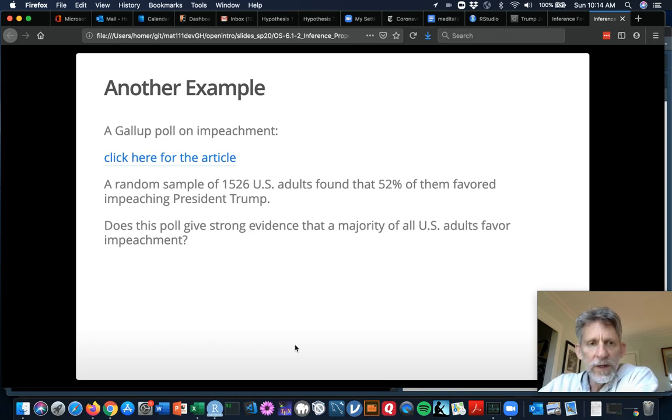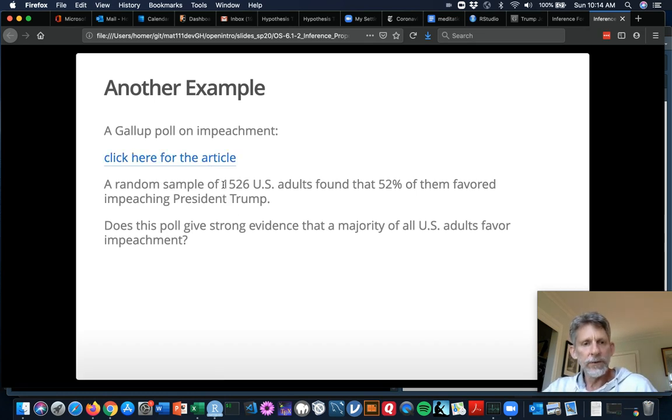So let me show you another example involving a question about one population proportion. This one is from a Gallup poll, and polls actually done, on feelings about impeaching Donald Trump that people had last year. If you're following the slides, you could click here for a link to the Gallup article.